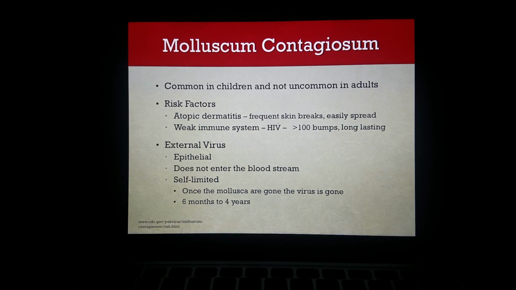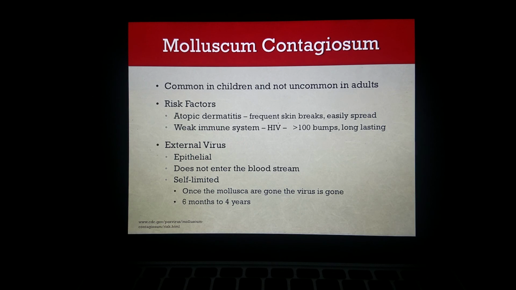Some of the risk factors, especially in children, the atopic dermatitis or eczema, that is due to the fact that there's a lot of micro skin abrasions, open skin, so it's easily spread. It's also common in people with weak immune systems, so people that are receiving treatment for cancer or HIV patients.